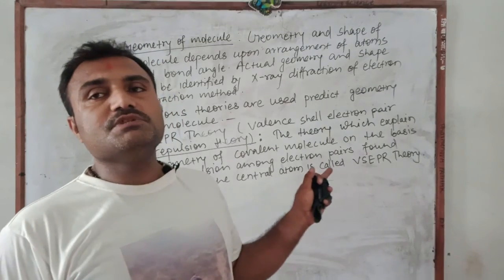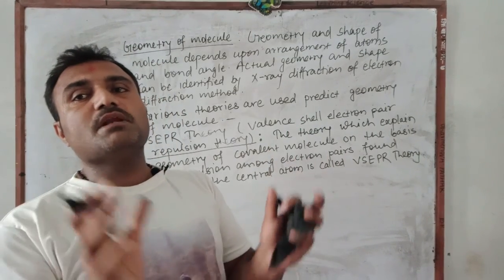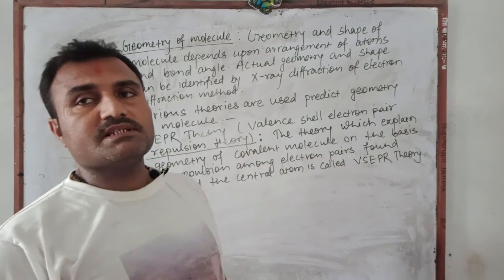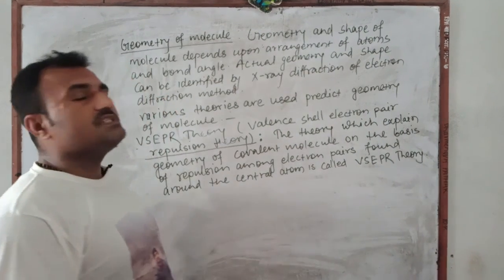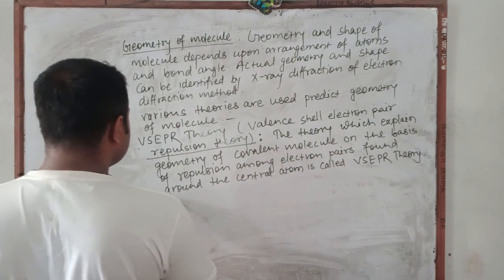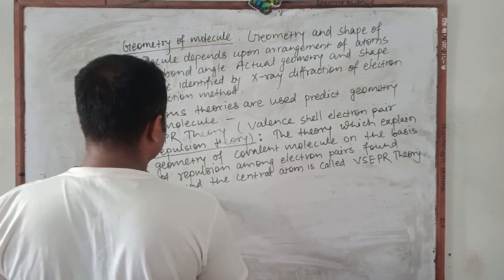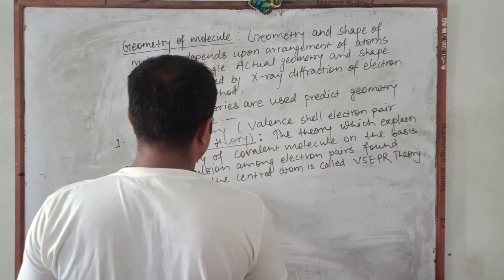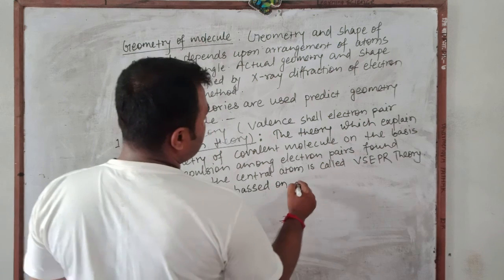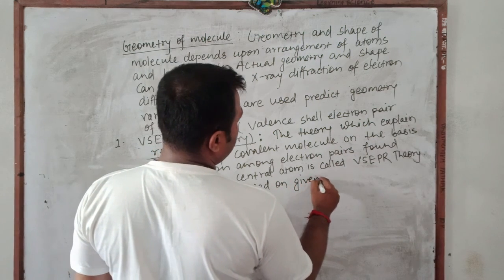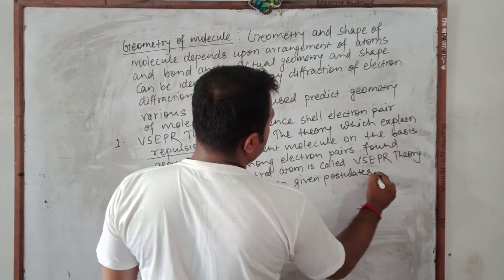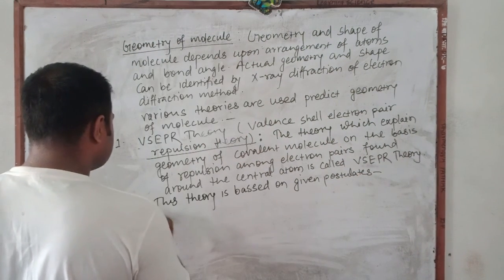Due to this, there exists repulsion among the electron pairs, like lone pairs and bond pairs, which determines the shape of a molecule. This theory is based on the given postulates or assumptions.